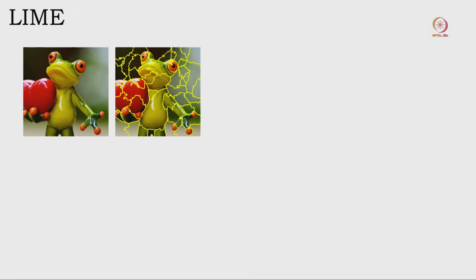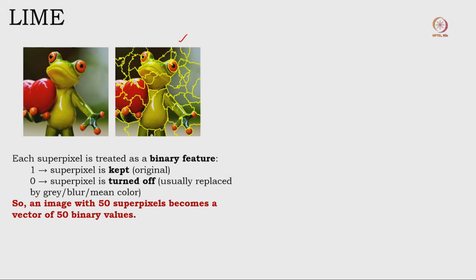So, with this, let us now look into the next topic called LIME, and LIME also performs more or less similar steps initially. So, what are those initial steps? First, take an image. The image is divided into many superpixels. One difference here is that each superpixel in LIME is treated as a binary feature.